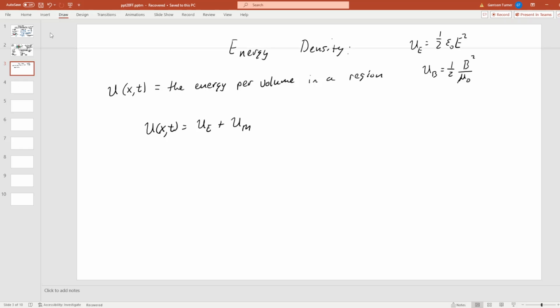Let's use B. So this is 1/2 epsilon naught E squared plus B squared over 2 mu naught, right?